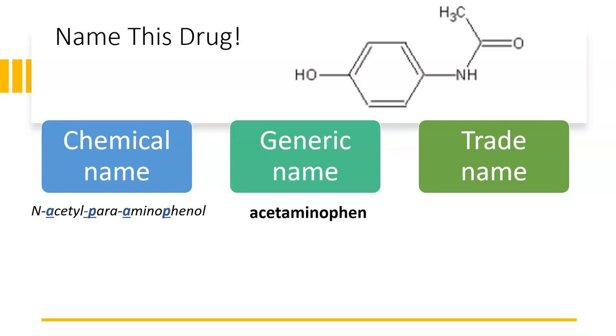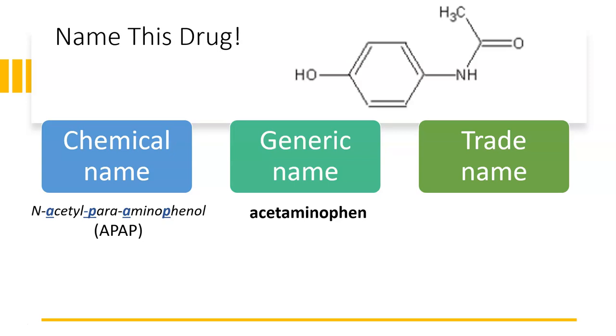It's acetaminophen. All right. Now, when we look at this, the generic name actually has part of the chemical name in it, right? So they took part of that chemical name and made the generic name, but they shortened it down. So acetaminophen. Now, I guess you would probably know the trade name of acetaminophen. Whoops, I wasn't paying attention to my slide.